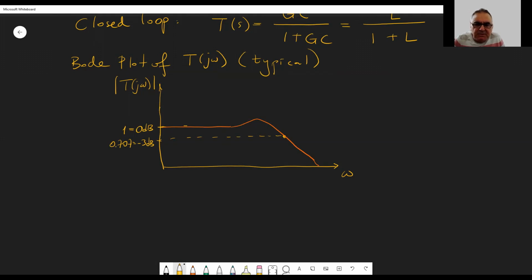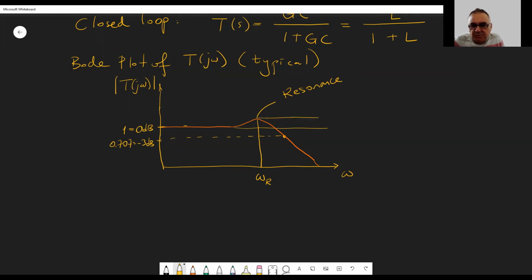Now, this thing makes a very small peak. Usually, it makes a peak. This thing is called resonance, and that peak is called actually the resonant peak.